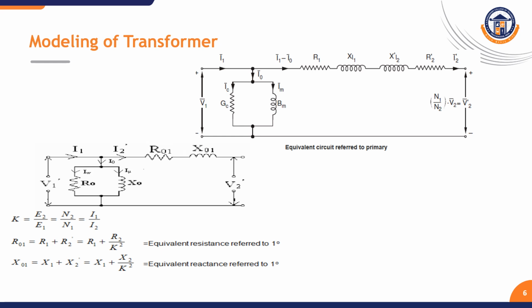So the modeling of transformers has the following components: R0, X0, R01 and X01, where R01 is the equivalent resistance referred to primary, consisting of the primary resistance and the secondary resistance referred to primary, and X01 is the equivalent reactance referred to primary, consisting of the primary winding reactance and the secondary winding reactance referred to primary, converted with the help of suitable transformation equations.